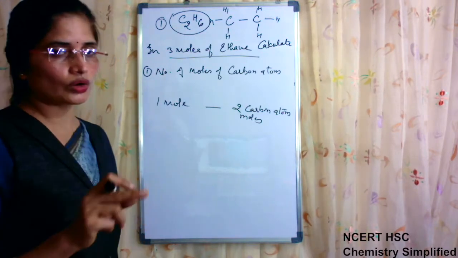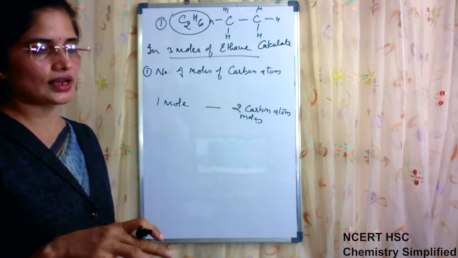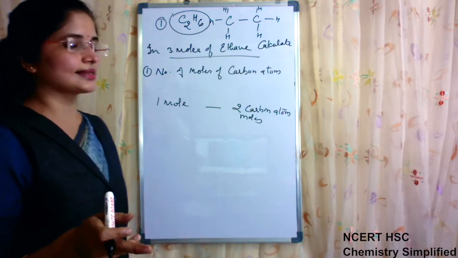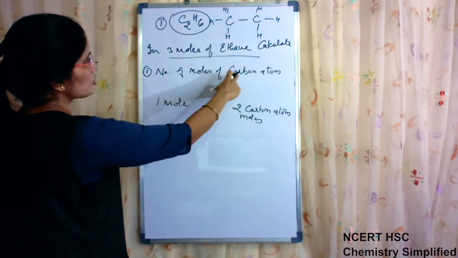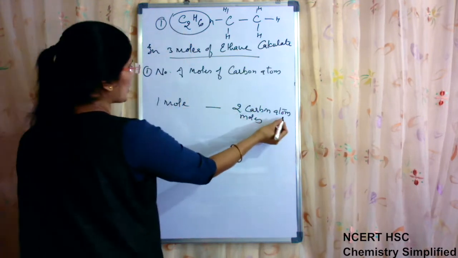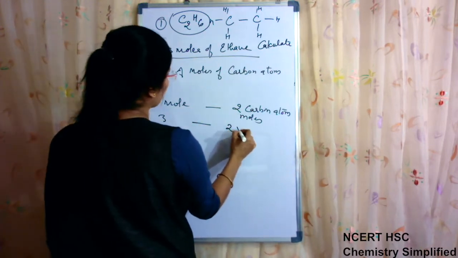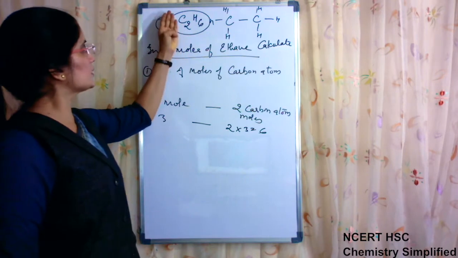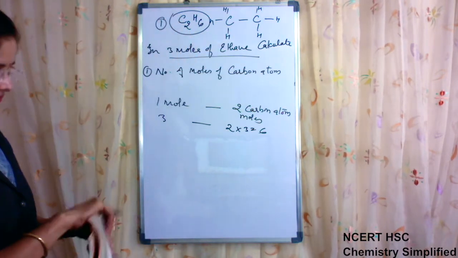But we are not talking about number. You have to specifically see the question whether they are asking for number of atoms, number of molecules, or moles. The question is asking for the number of moles of carbon atoms. In 1 mole of ethane it is 2 carbon atom moles, then in 3 moles definitely it will be 6. So in 3 moles of ethane, the number of carbon atom moles will be 6.